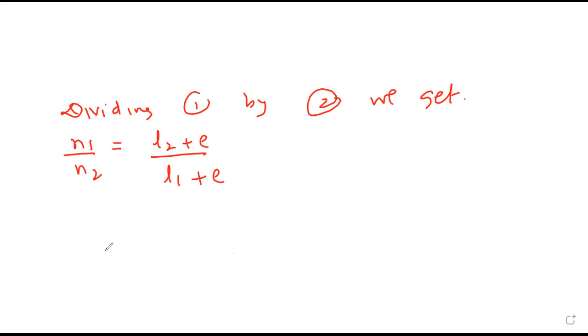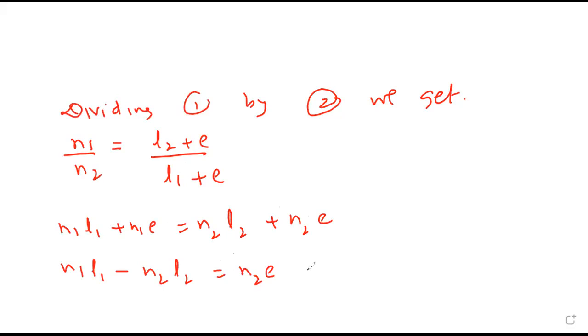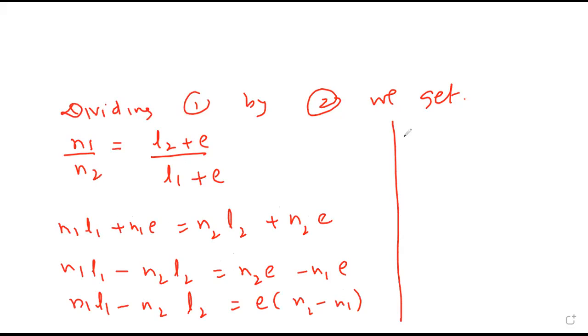Followed this one again? Yes. So N1 L1 plus N1 E is N2 L2 plus N2 E. So N1 L1 minus N2 L2 is N2 E minus N1 E. So N1 L1 minus N2 L2 is E common, N2 minus N1.